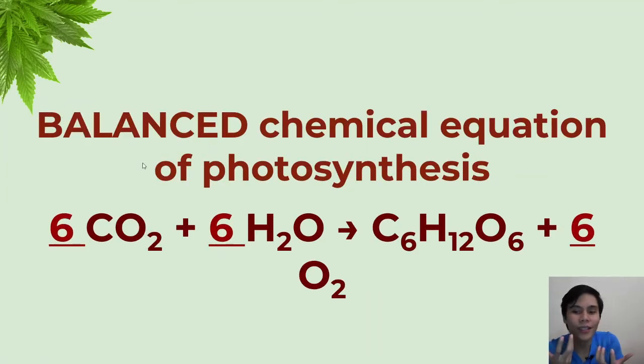Since you guys probably have chemistry already, you have to balance the chemical equation for photosynthesis. To balance it, all you have to do is put the number 6 before all of the small ones, and that balances out both sides of the chemical equation. We have 6 carbon dioxide molecules, 6 water molecules, and 6 oxygen molecules, all of that relating to 1 glucose molecule.